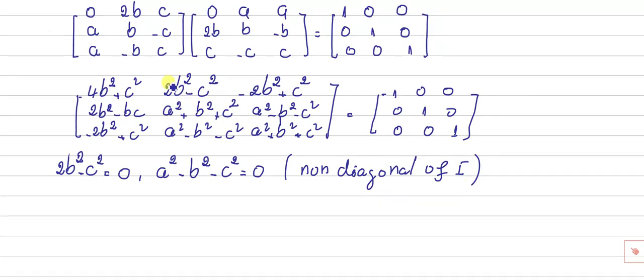So at this point, it means that you got 2B squared minus C squared equal to 0.